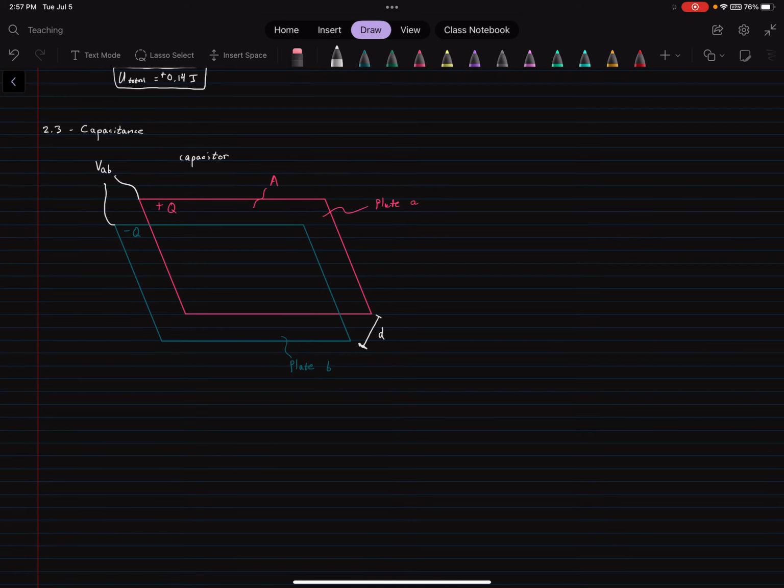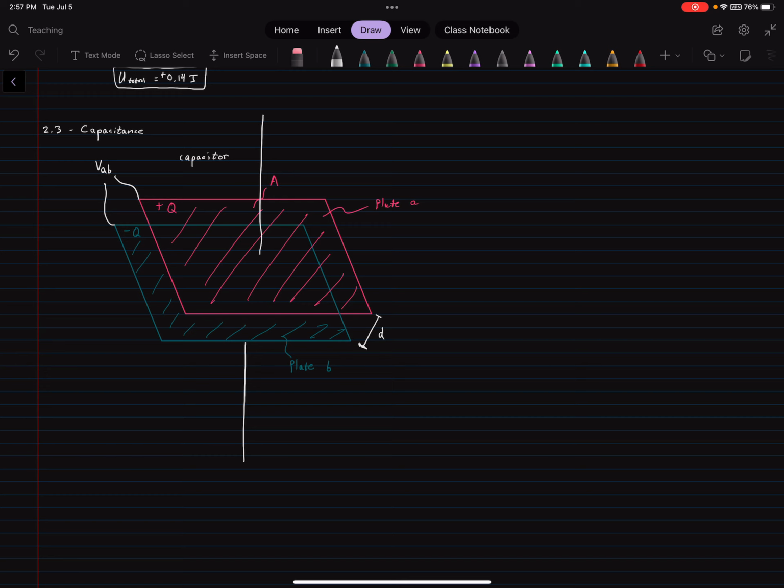And presumably there would be some wire connected to the top one and a wire connected to the bottom one, and it's in an electrical circuit.